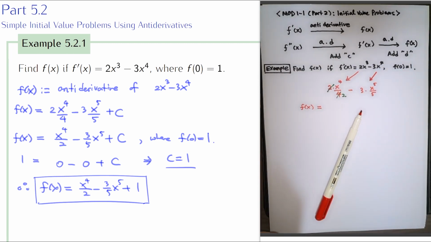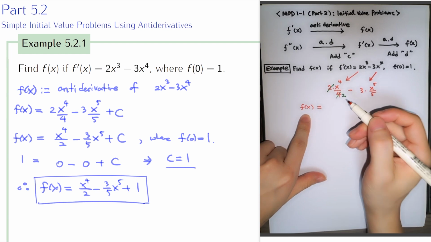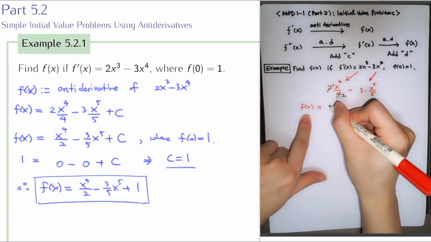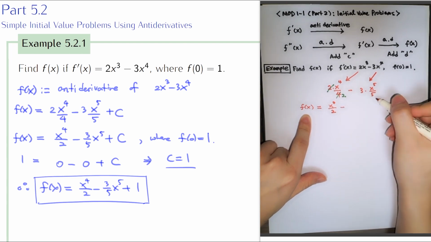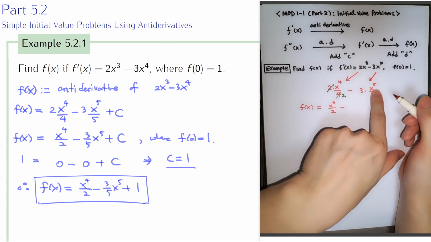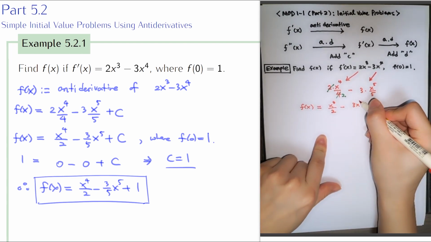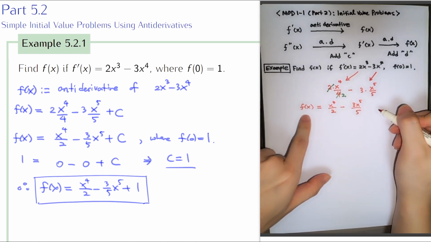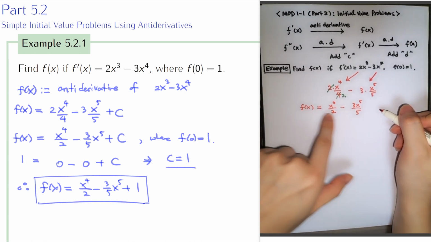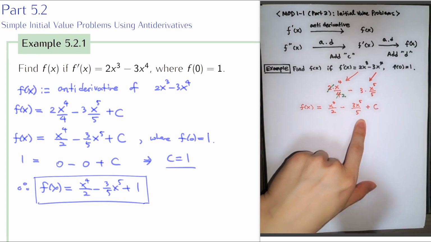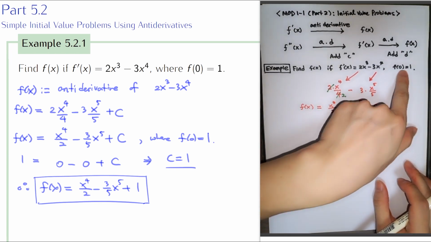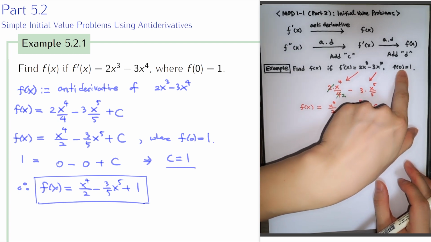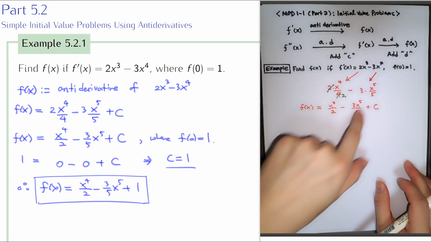Then f of x becomes x to the power of 4 over 2 minus 3 times x to the power of 5 over 5. Of course, this is the most general antiderivative, so we have to add c right now. In order to find this unknown c, we need to use this initial value, which is f of 0 equal to 1. Did you notice that?